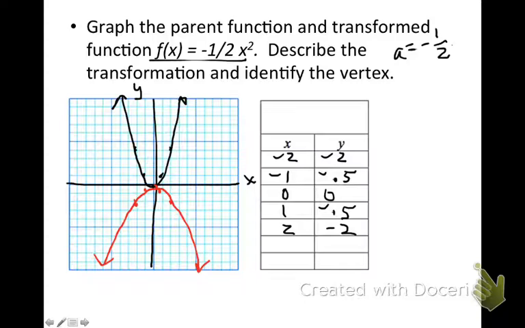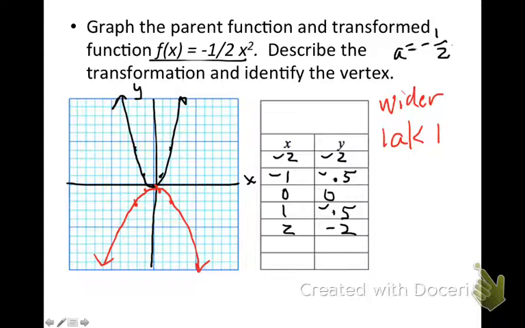Now take a look at that graph. Notice how the graph is wider than the parent function. That's because the a value is less than 1. And when I'm talking about the a value, I'm going to ignore the negative for a moment.